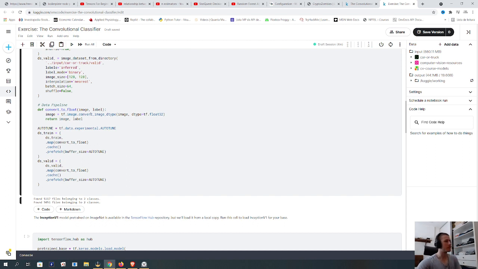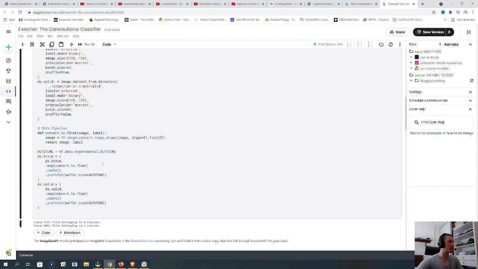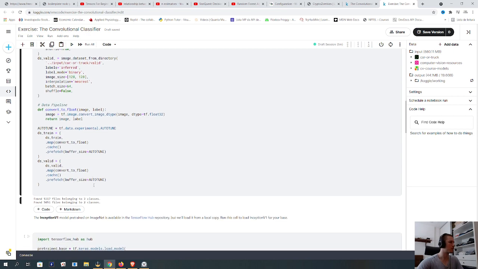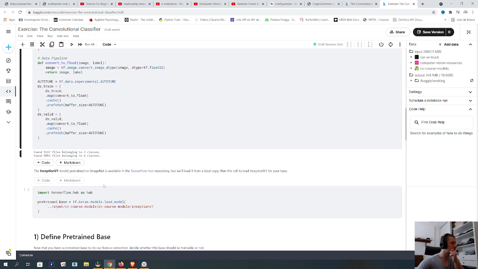I think it's mini batch something to normalize the data, and I forgot if that's just for regression problems and not for classifiers. Then it converts the image to a float.